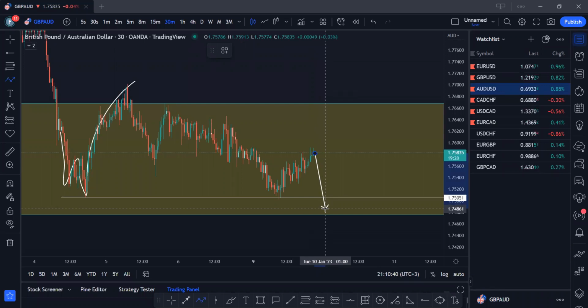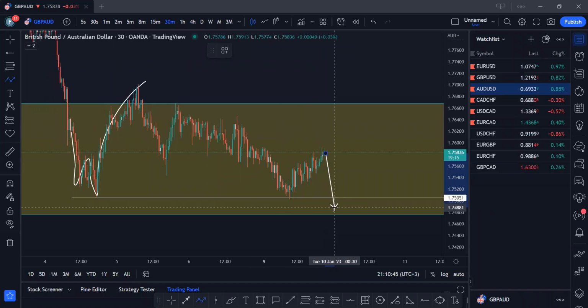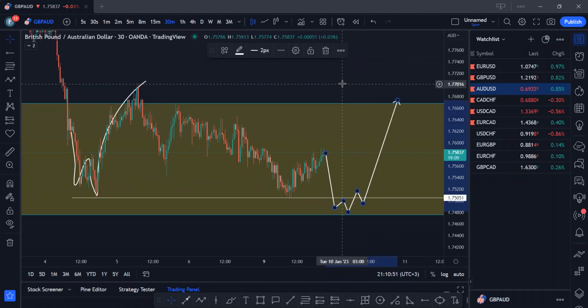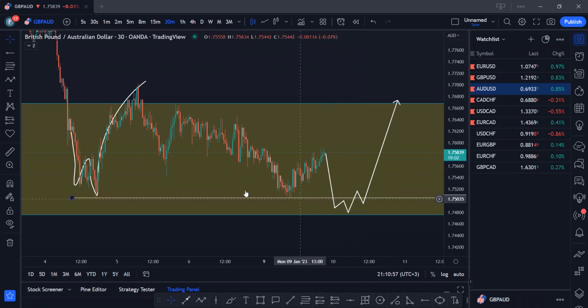If it's going to buy, price will come back down here and form a possible buy scenario here. So that's my take on GBP AUD, because I'm considering liquidity first. All right, let's check out the next pair.